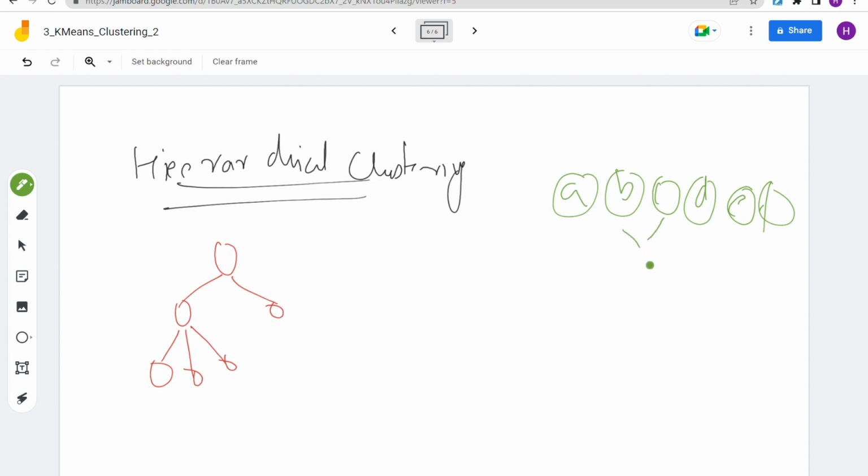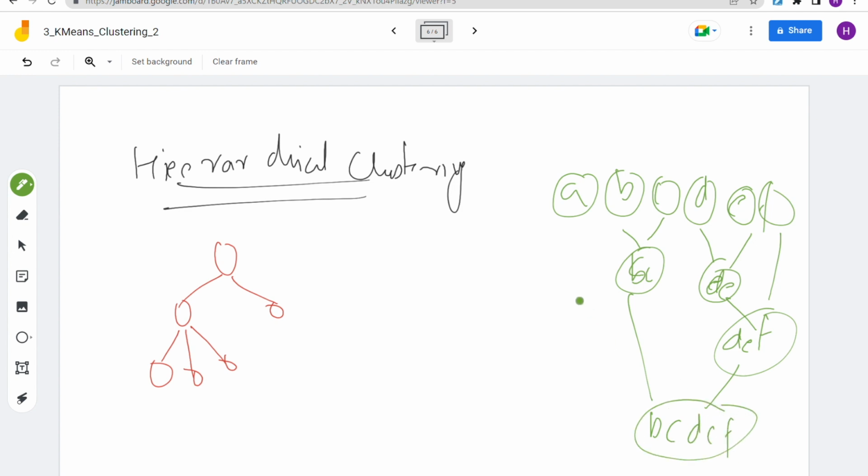Let's say you clustered B and C together, and D and E together, and then D, E, and F together, and now you have B, C, D, E, F together, and at the last you have A, B, C, D, E, F. So you see, here comes a tree-like structure.